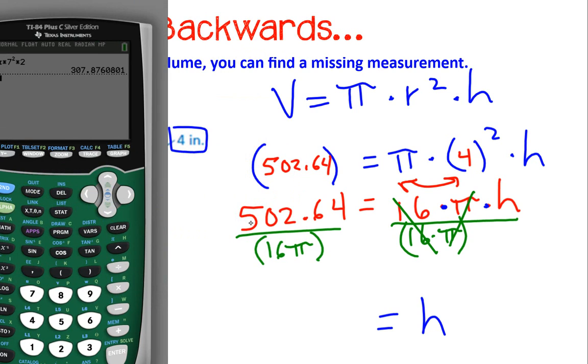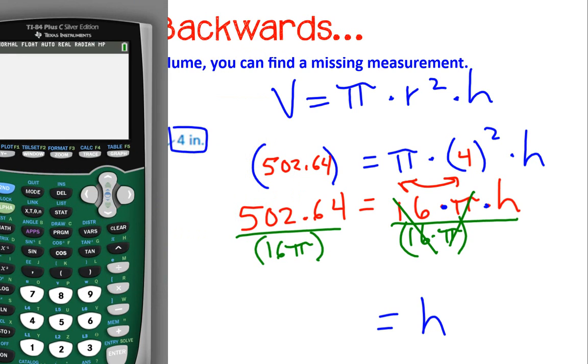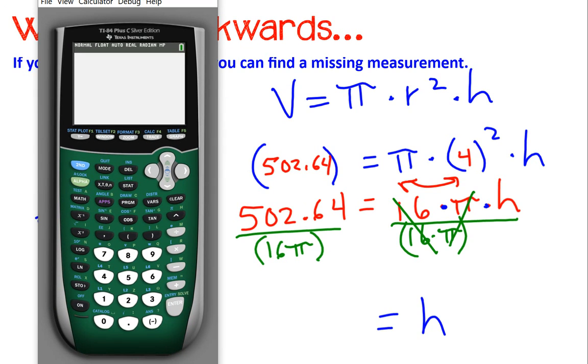So over here, I'm going to type exactly this in my calculator. Now I know I've got a pretty big fancy calculator here, but I'll show you how you would do it on your TI 30X2S. So in your calculator, I would simply type the numerator 502.64. I would press the division sign, and then I would have to use parentheses down here.